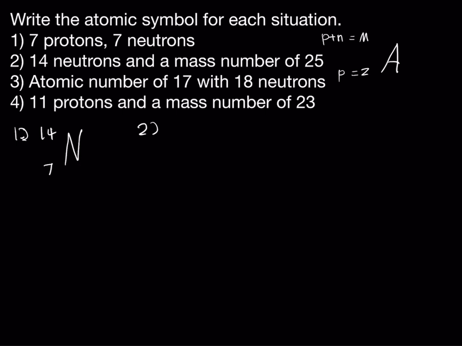So that's going to be the number of protons, and that's going to be equal to the atomic number. So we're going to write it on the bottom. And we know the mass number is 25, so we can just put that on top. On the periodic table, the element with 11 protons is going to be sodium, and sodium's written as Na. So it's going to be sodium 25.